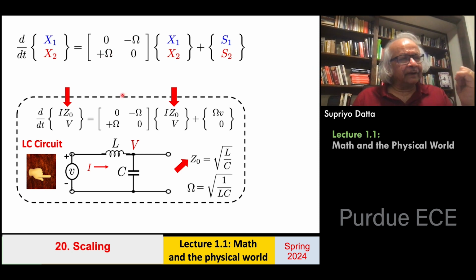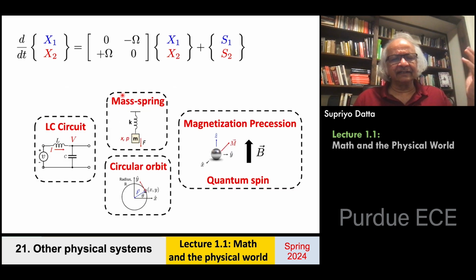Now, I think it's in the third lecture that I show that there's a whole variety of very different physical systems, all of which are described by equations that look much the same. This LC circuit I just talked about. There's a mass and spring system, which would also give you similar equations.